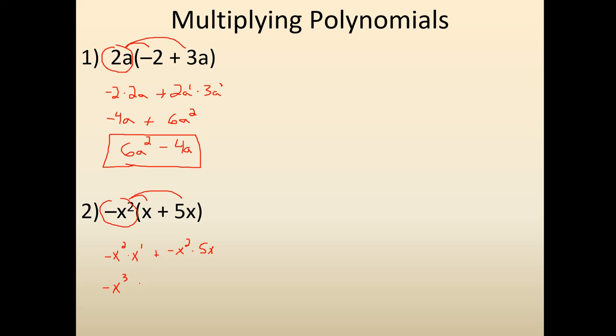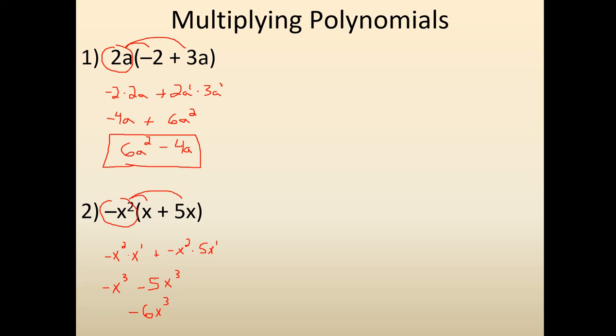And then over here, again, I'm going to multiply the coefficients. Here it's a negative 1, and this is 5. So this becomes negative 5. And once again, add the exponents. 2 plus 1 gets me x cubed. I can actually take it one step further and combine these to be negative 6x cubed, since when we add these, remember we just add the coefficients.